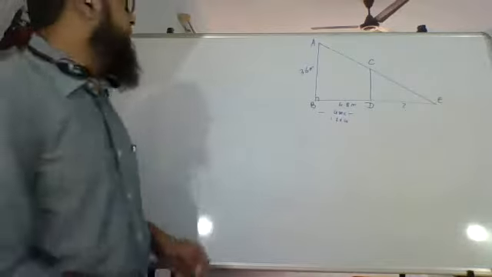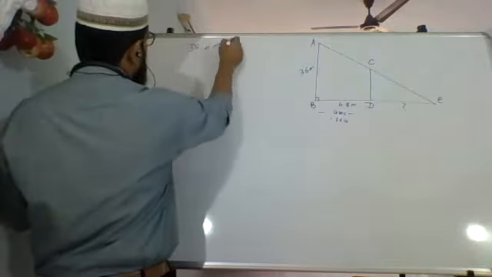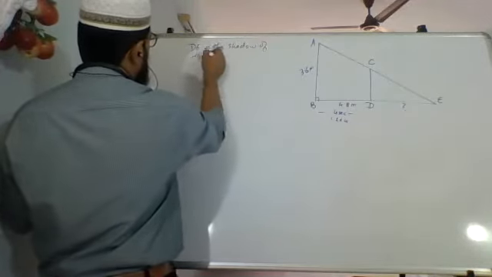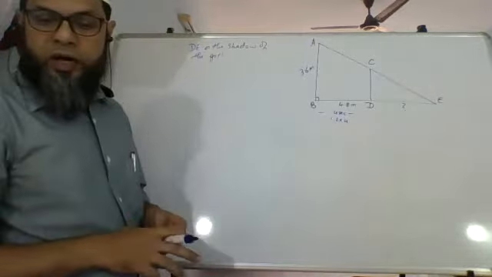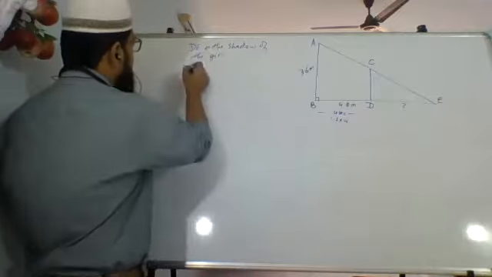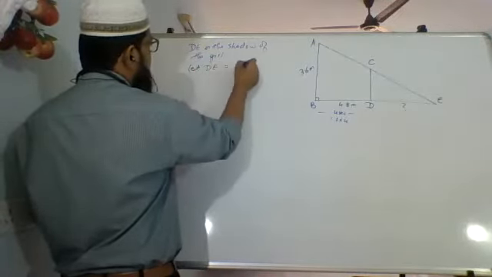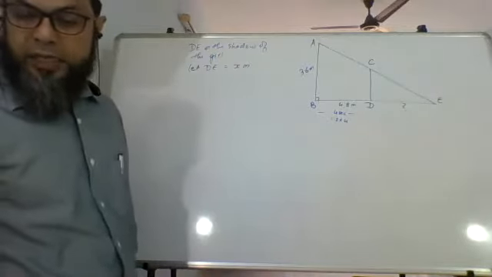Therefore, DE is the shadow of the girl. Let DE equal X meters.